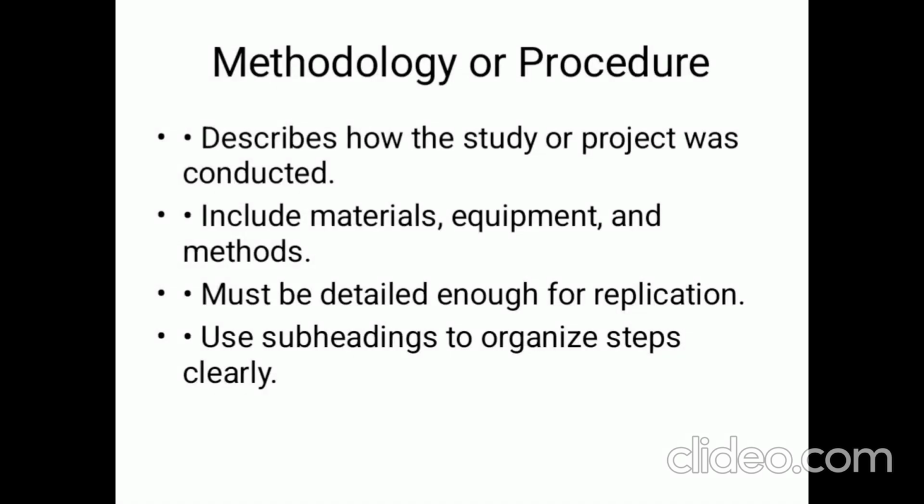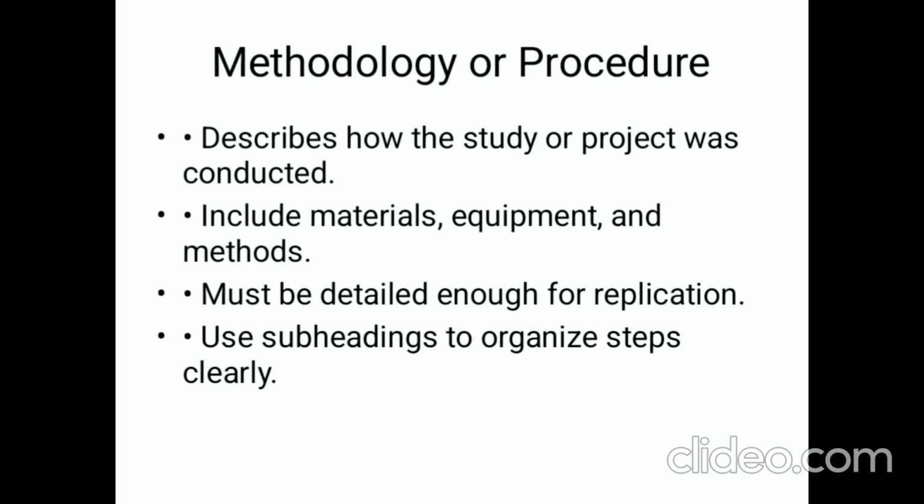Next, we come to the methodology or the procedure section. The methodology section describes how the study or the project was carried out. It should include: Number 1, materials and equipment used. Number 2, steps or procedures followed.